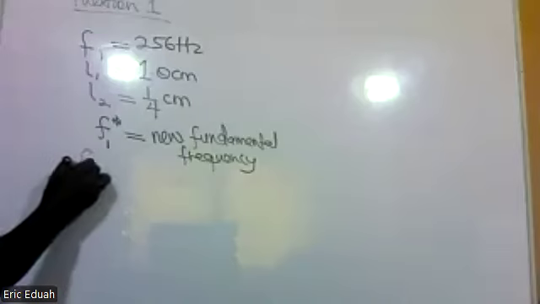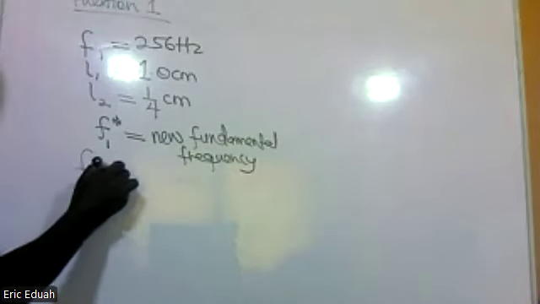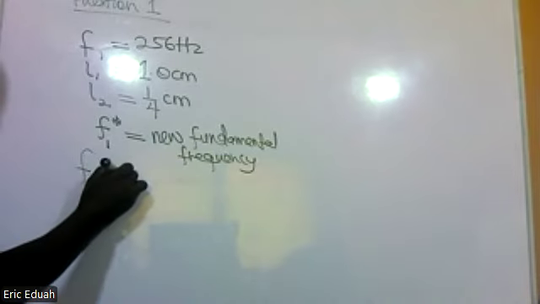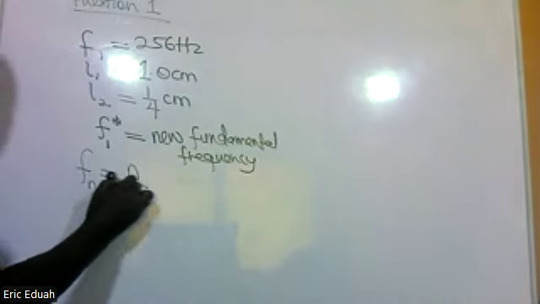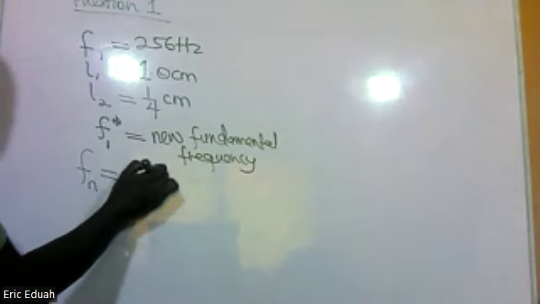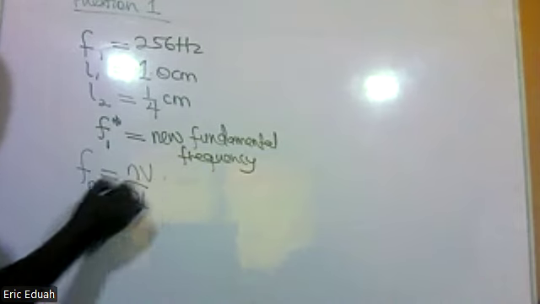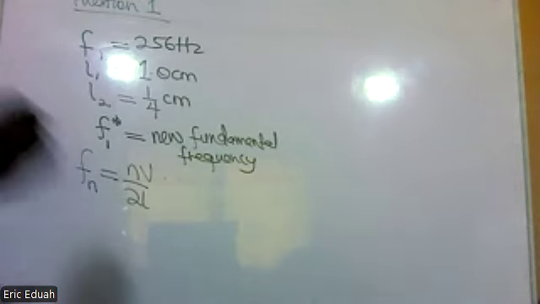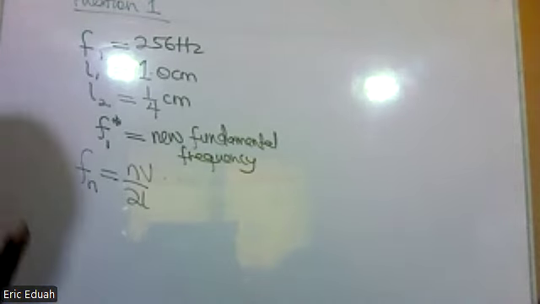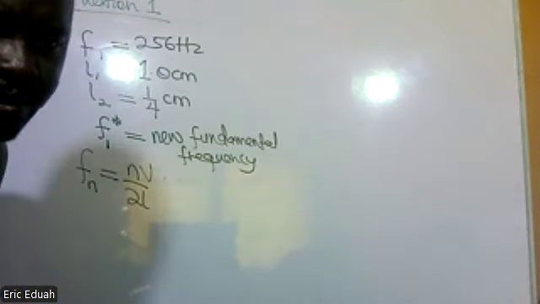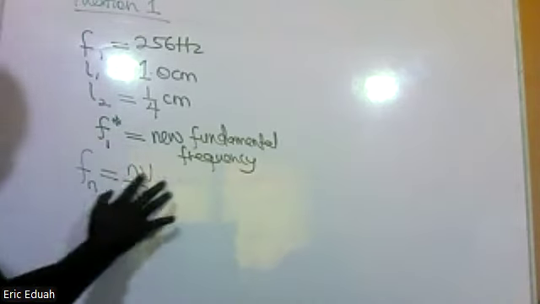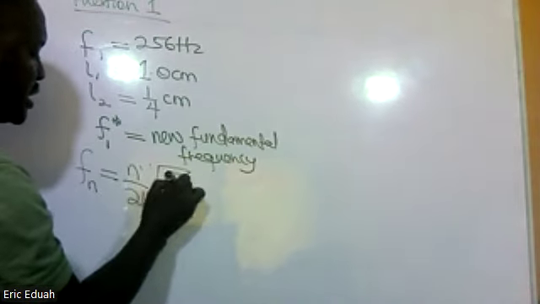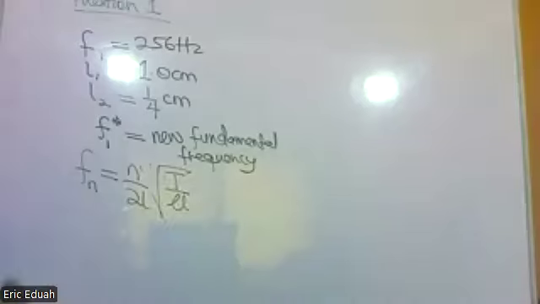Now Fn generally is given by n over 2L, or n times V over 2L. We were told that the tension is kept constant, meaning we have to change V to the square root of T over the linear density mu.